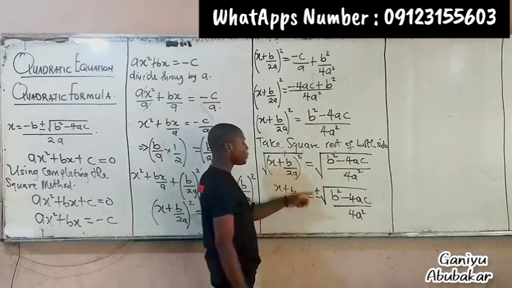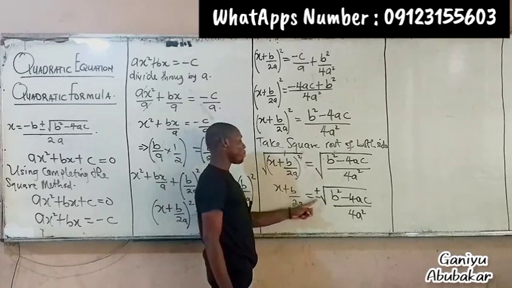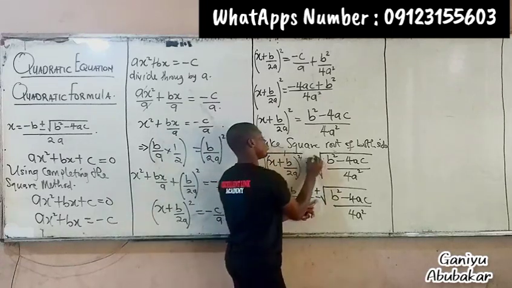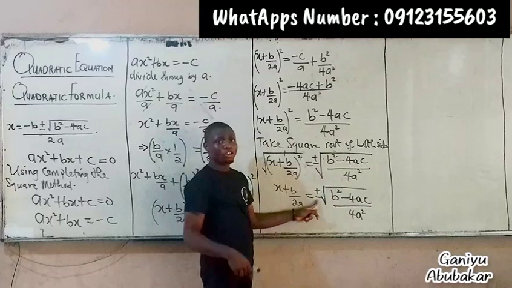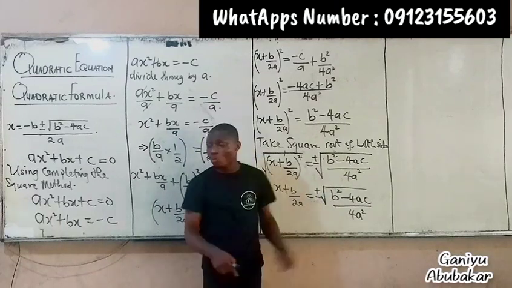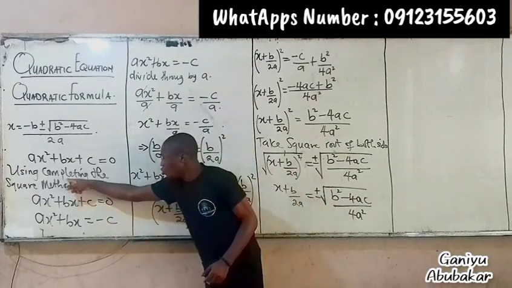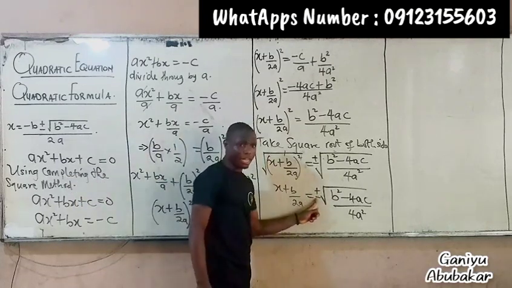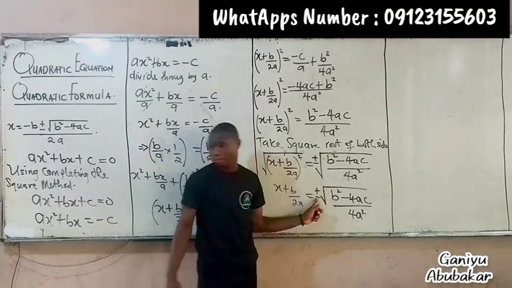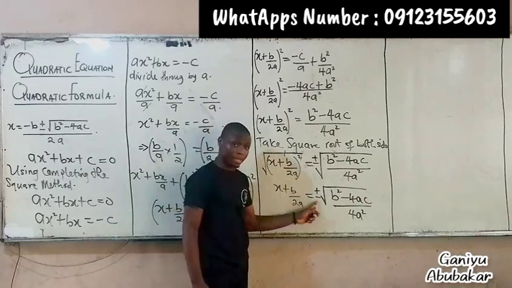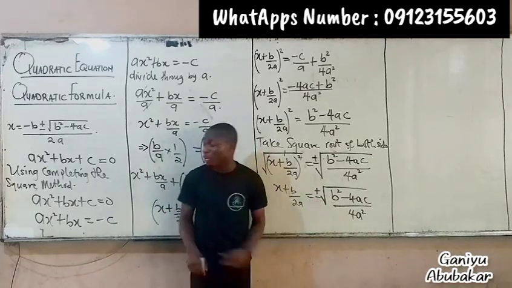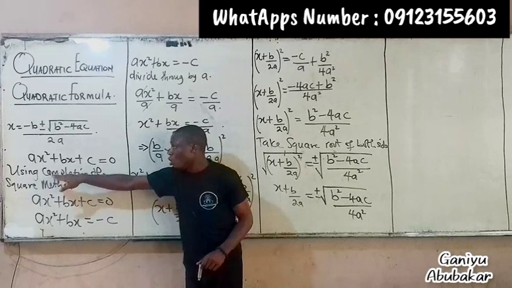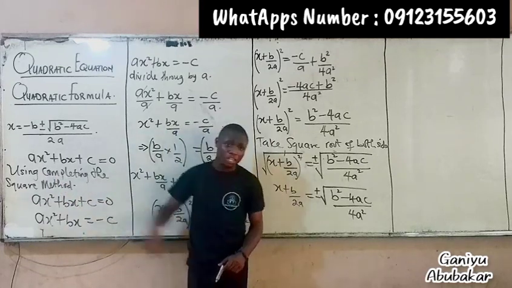I explained the reason why I had plus or minus. Check the link in the description of this video to watch how to use the completing the square method to understand why I use plus or minus here.